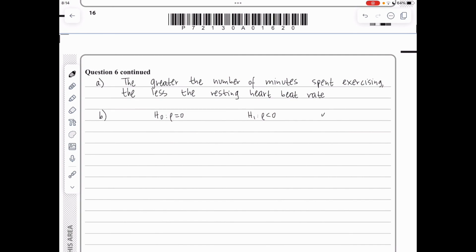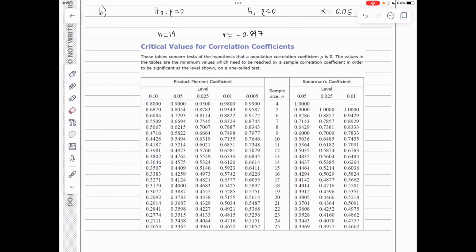My alpha level, my significance level has been set at 0.05. We know we've got a sample of size 19, and we have observed the sample product moment correlation coefficient value to be negative 0.897. So I now need to refer to my table of critical values for correlation coefficients from the formula booklet. So there it is. We are at the 5% level of significance.